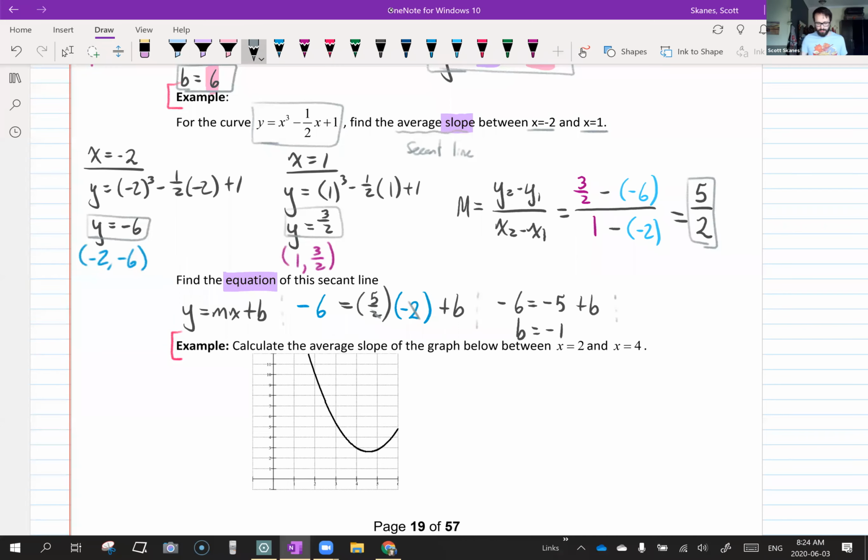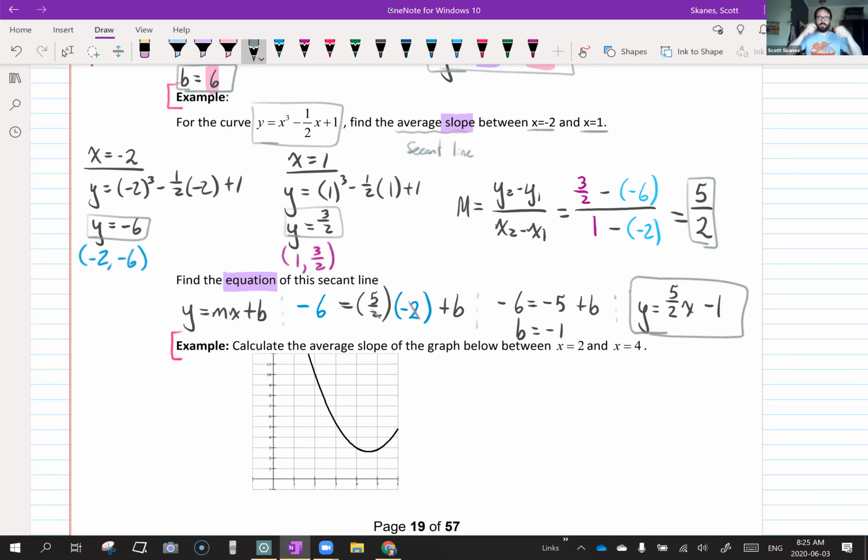What's the last thing I need to do? I need to take all of my pieces and put them in and make the final equation. y equals 5 over 2 x minus 1. Okay, how's that? How does that feel? I'm going to graph it to confirm our answer, but the steps are clear, hopefully.